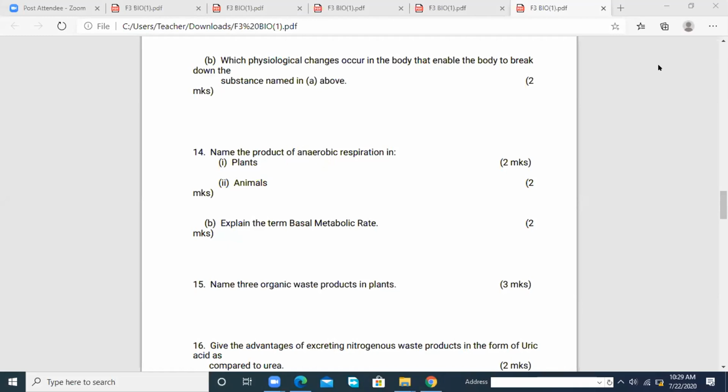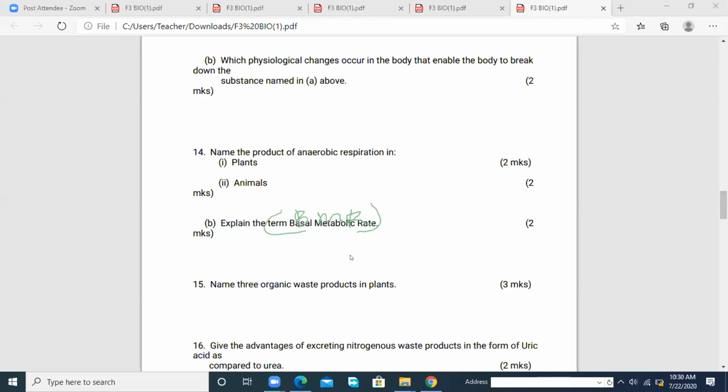Part B, explain the term. Question 14B: explain the term basal metabolic rate. By the way, what is basal metabolic rate? Raphael Misioka, you are raising your hand.